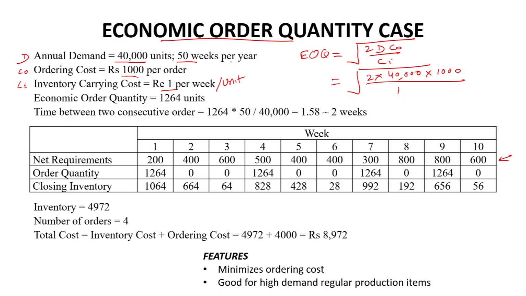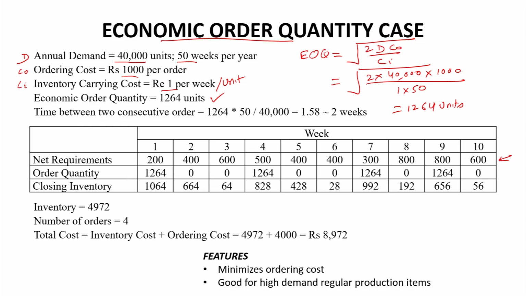Because my demand is annual, I have to take the inventory carrying cost not per week, but per annum, into 50. If I solve this, I will get 1264 units as the economic order quantity.